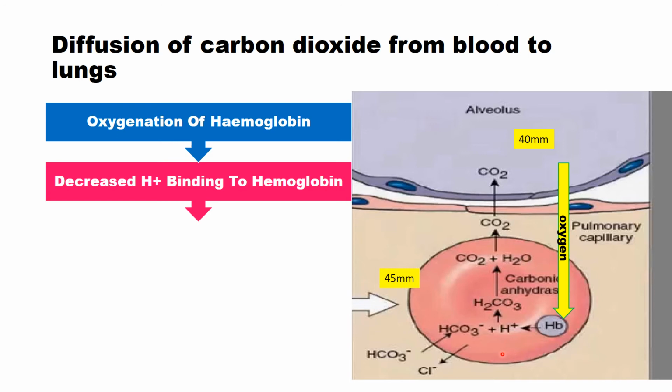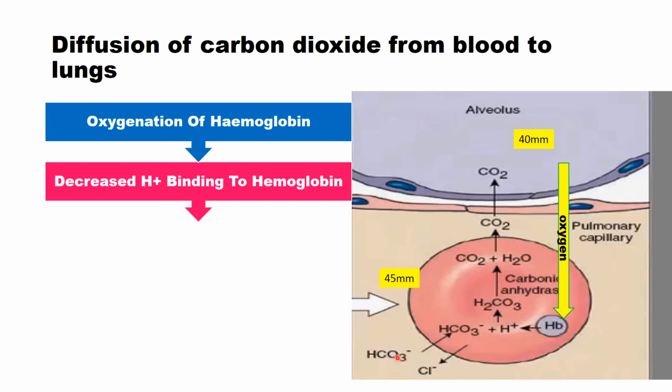There will be accumulation of hydrogen ion and it needs to be neutralized. It will be neutralized by the bicarbonate, which diffuses from the plasma into the cell interior. This bicarbonate and hydrogen ion react together to form carbonic acid, which then dissociates to form water and carbon dioxide. The carbon dioxide so formed will be released into the plasma against a pressure gradient of 5 mm of mercury.